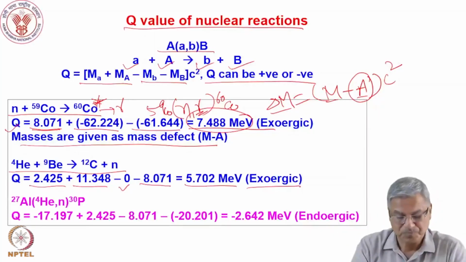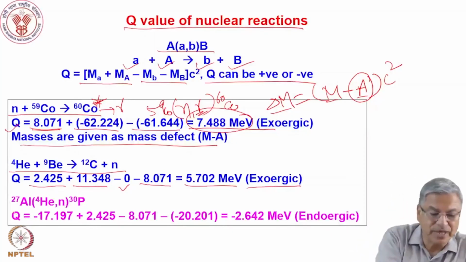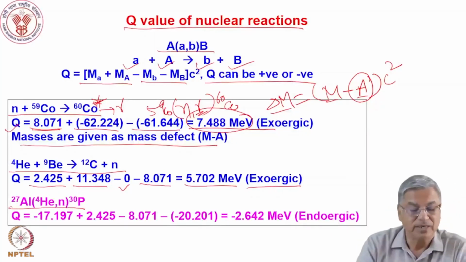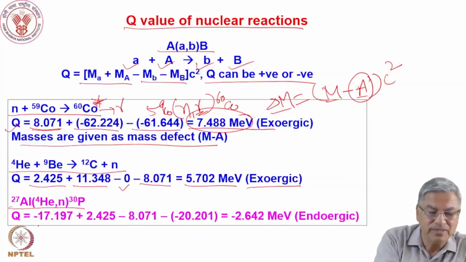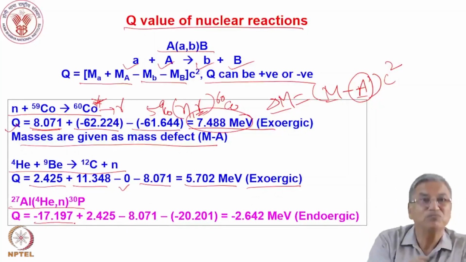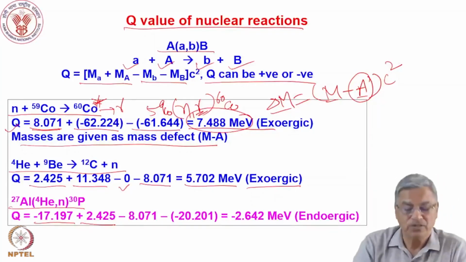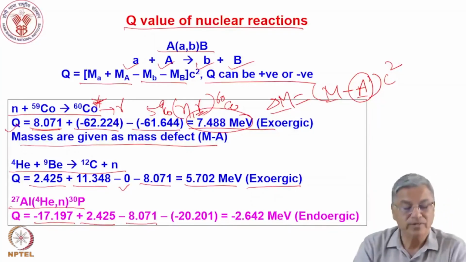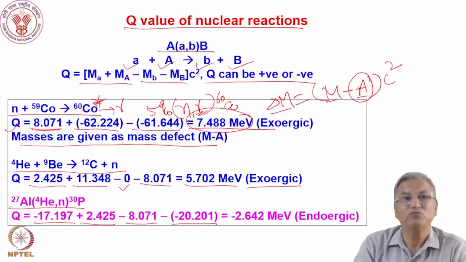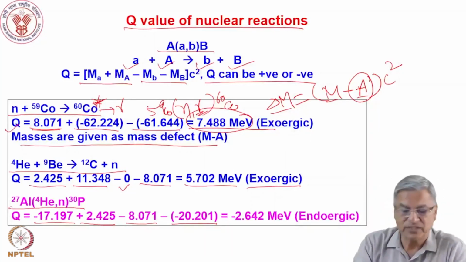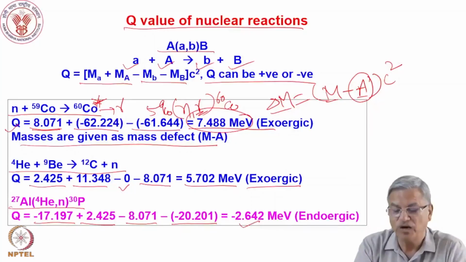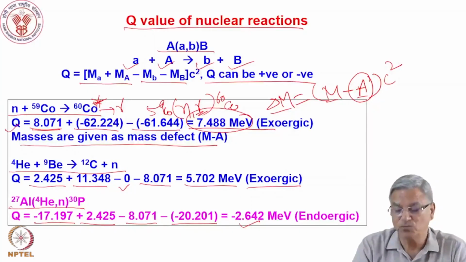There are some reactions like aluminum 27 plus helium 4 giving neutron plus phosphorus 30. Here you can see aluminum 27 is minus 17.197 MeV, alpha particle 2.425, neutron 8.071, and phosphorus 30 minus 20.201. This reaction has a negative Q value of minus 2.642 MeV.